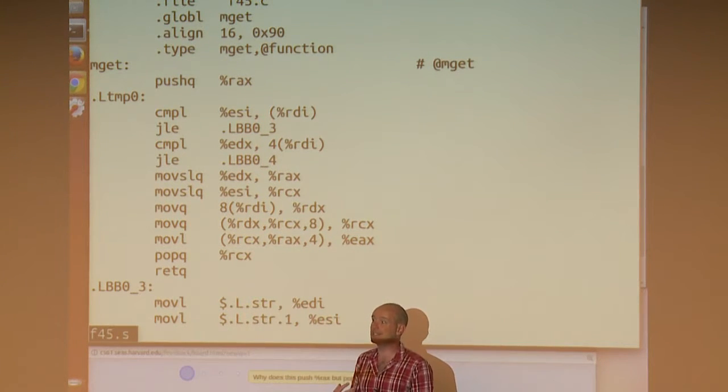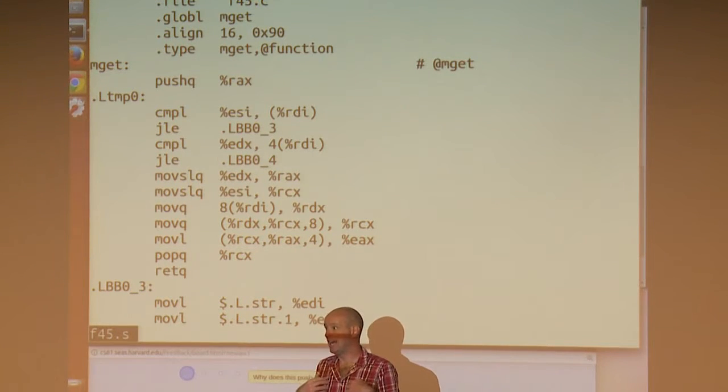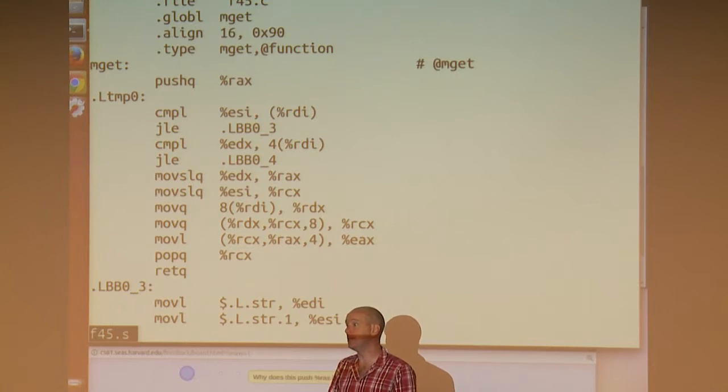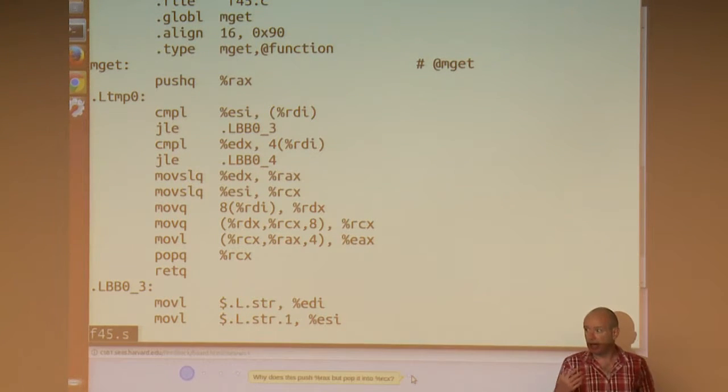If the caller wants to remember a register's value, the caller has to save that value and then load it back when the function returns. rbx is not. rbp is not. rsp is not. R12 through R15, I think, are callee-saved.